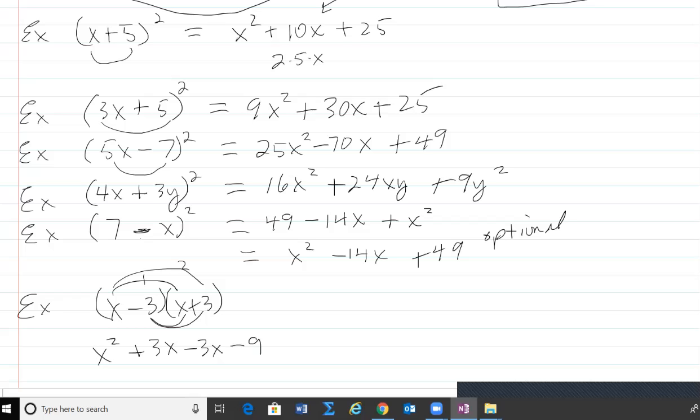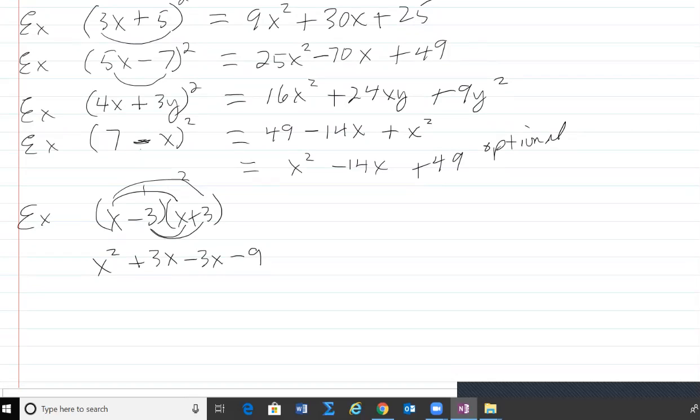Now you'll notice in the middle here, what happens is this thing drops out. So we just get this. Now, you could do more of these the same way. For example, let's say I had 2x minus 5 times a 2x plus 5.